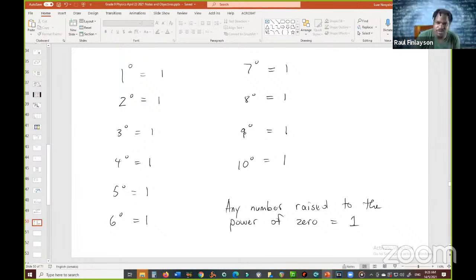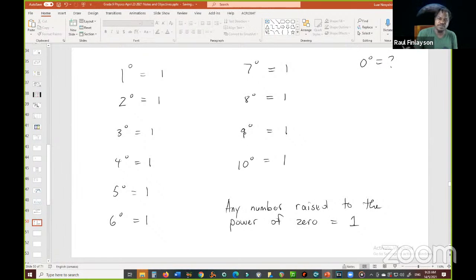You're saying, well, all right, what about 0 then? What about 0 to the power of 0? Is 0 a number? We have rules here. 0 to the power of 0 is equal to what? What on earth is that? I'd like somebody in the comments to tell me the answer to this. 0 to the power of 0 is what?